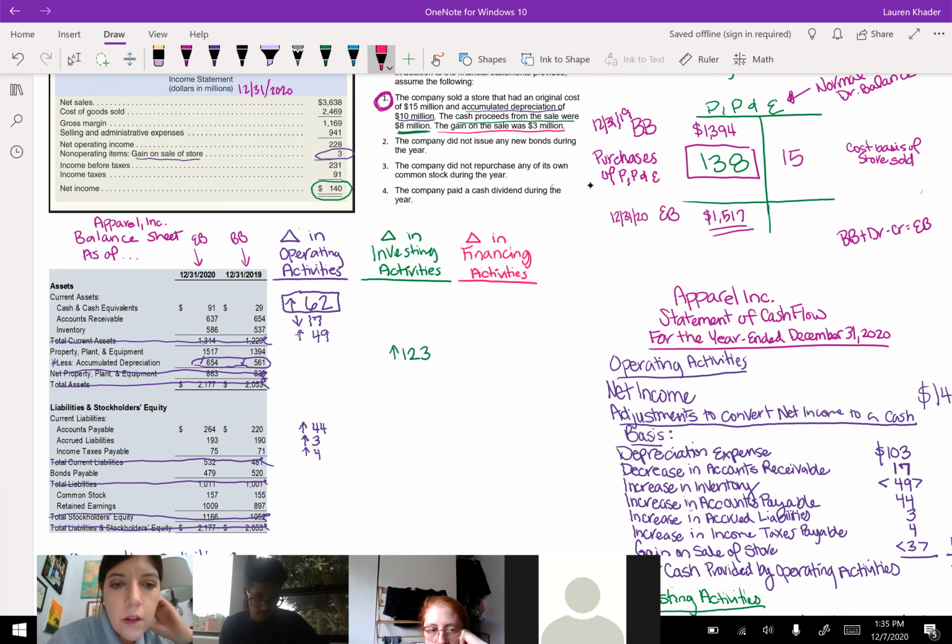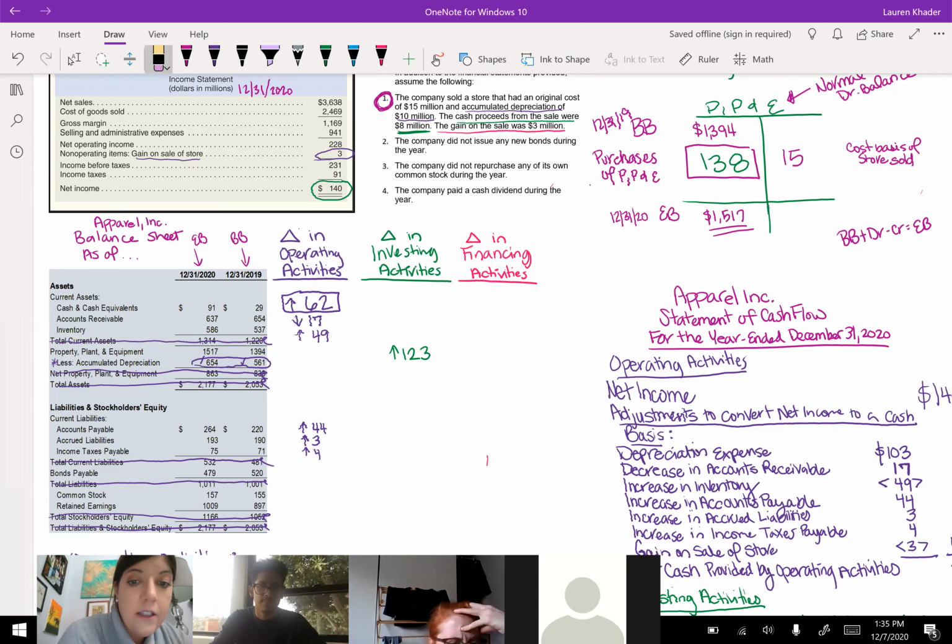So long-term debt, we have one, which is bonds payable. Bonds payable went from 520 to 479. So did we see an increase or decrease in bonds payable? Decrease. And what was the amount? By 41.